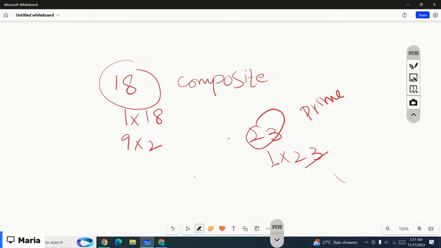Okay, for example, you have 7. Now you have to tell me if 7 is prime or composite. Think and then answer.